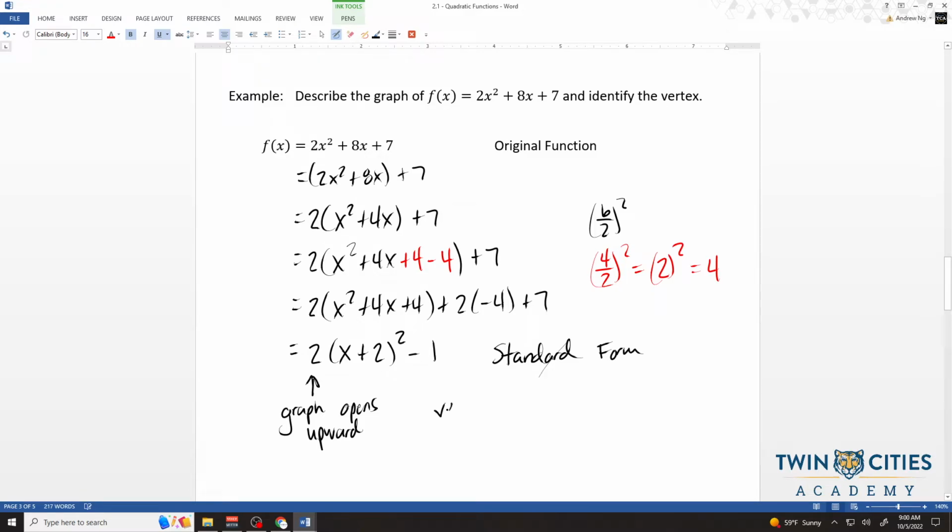So my vertex is going to be the point negative 2, negative 1. Other things I could say, this is going to have a downward shift of 1 relative to y equals 2 times x squared, and I'll also be moving this over to the left 2 spaces from the origin.